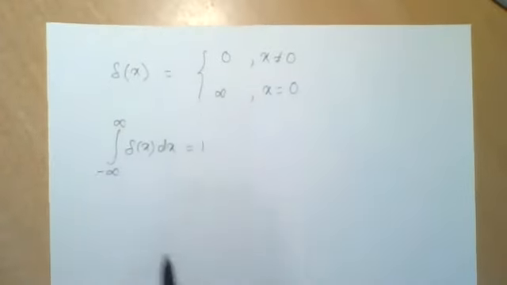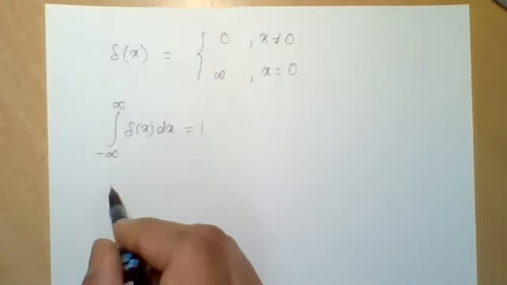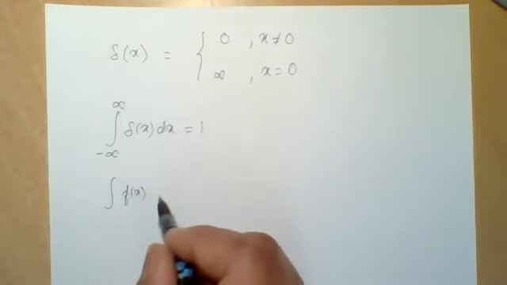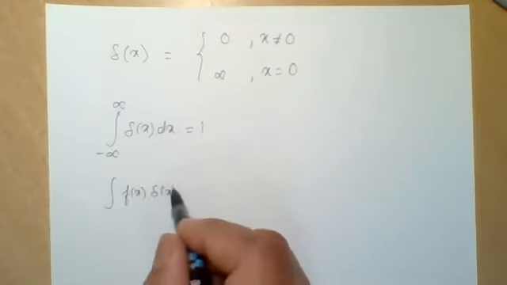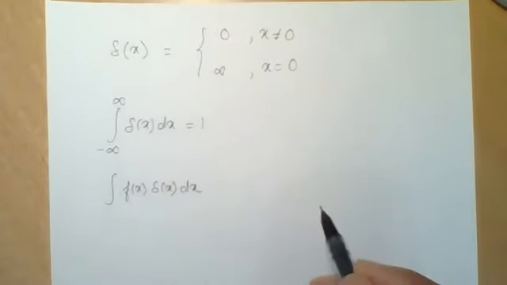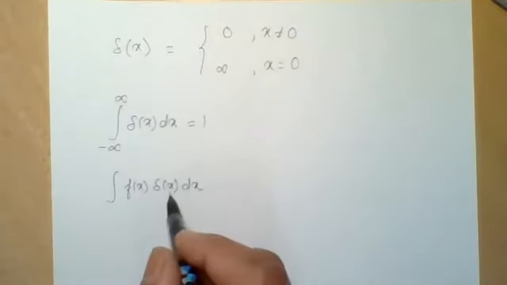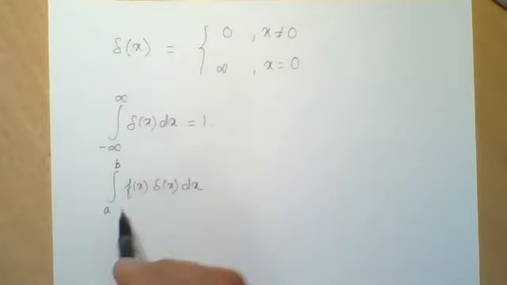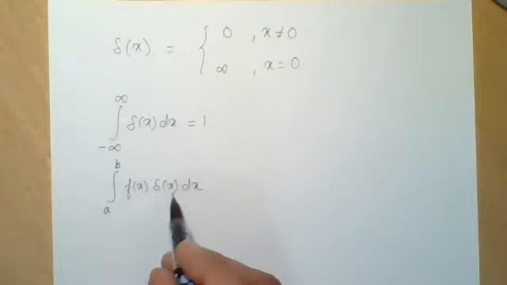And then we also had another property: the integral of f(x) delta x dx, where we take the limit from a to b, and a to b encloses the origin.